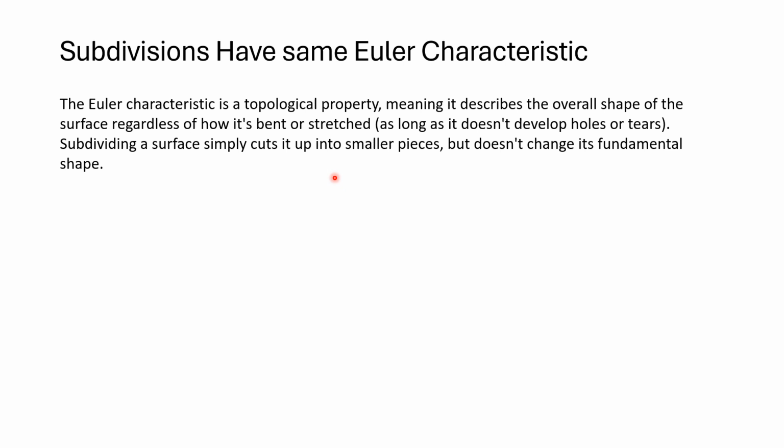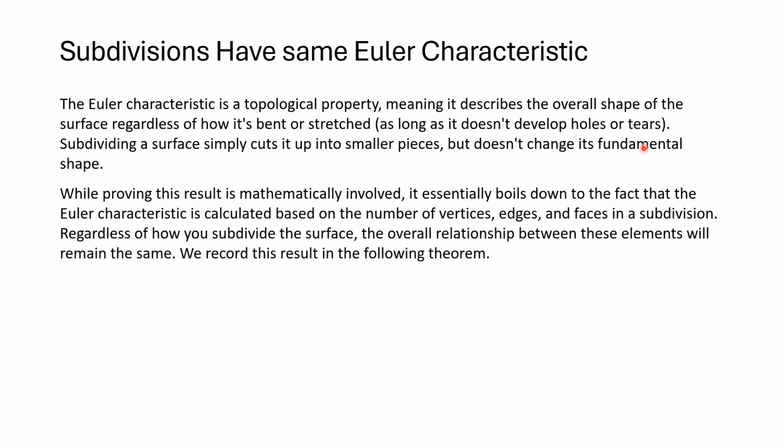The Euler characteristic is a topological property. If two surfaces have different Euler characteristics, then they're not topologically equivalent. Subdividing a surface simply cuts it into smaller pieces, but does not change its fundamental shape, assuming we preserve the Euler characteristic.